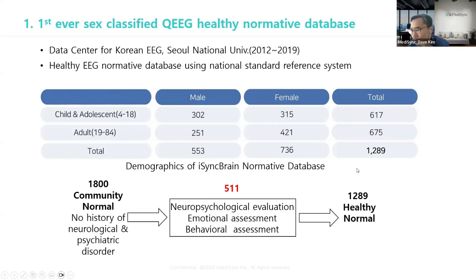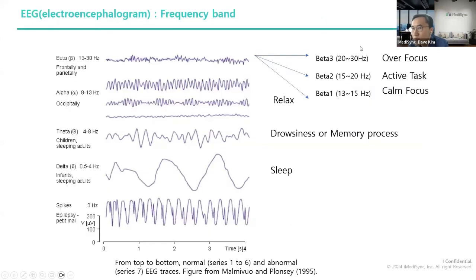So finally, we have 1,289 healthy normal population. This population is from age 4 to 84 and divided by male and female like this. The child and adolescent group is about 617 and the adult population 675. And this is the healthy EEG normative database first classified by sex. This is our main specialty.